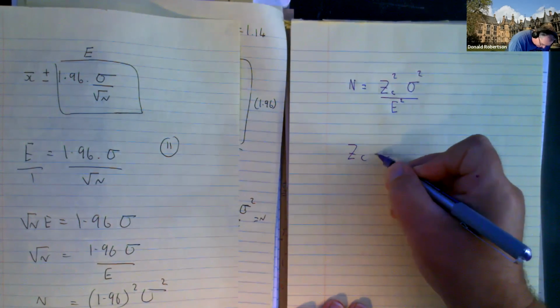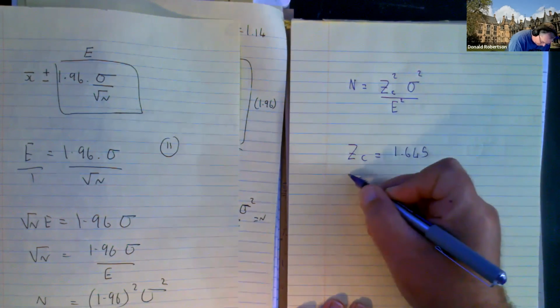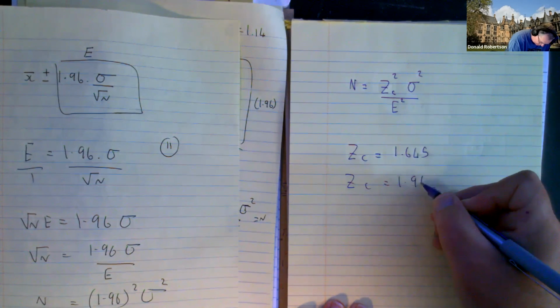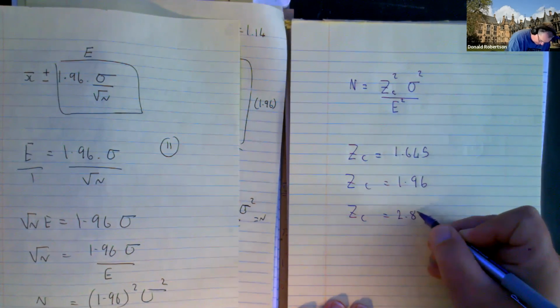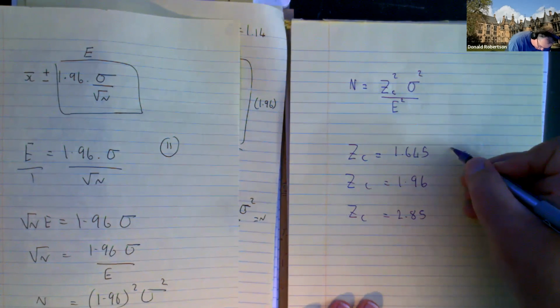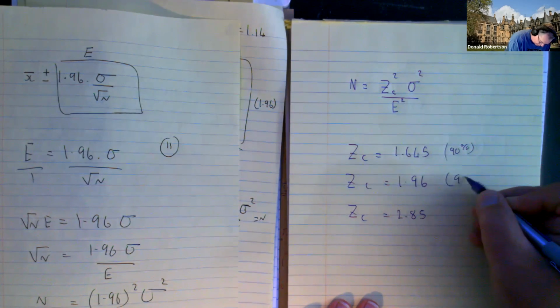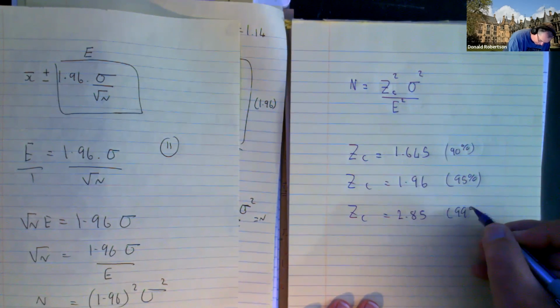So ZC, for instance, will be 1.645, or it will be 1.96, or it will be 2.85. You use the first if it's going to be a 90% confidence interval, this one if it was a 95, and this one if it was a 99.